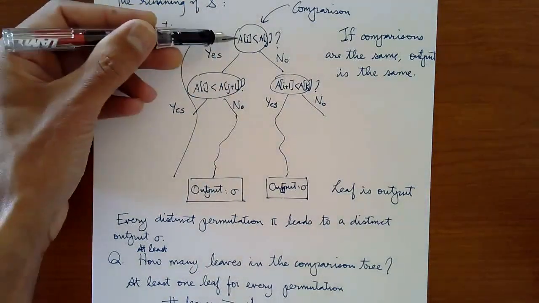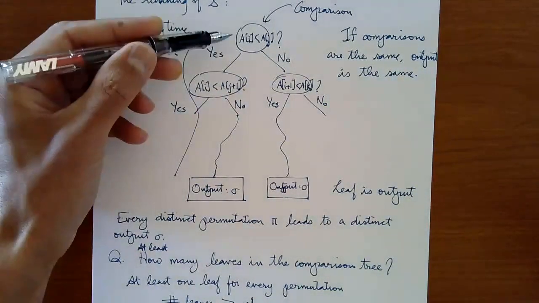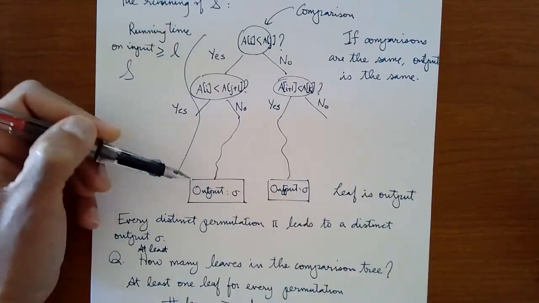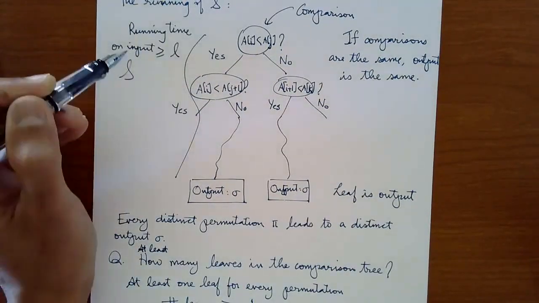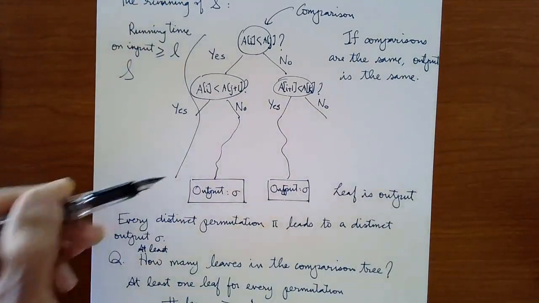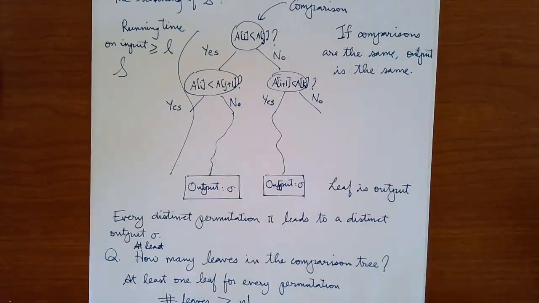Maybe there's some work that is done in deciding how to go from one comparison to the next. But for every path, the length of the path is a lower bound on the time. The time is at least the length of the path. Okay, this is very important.